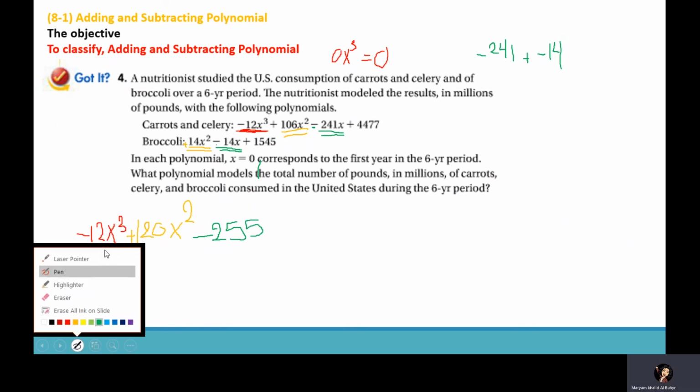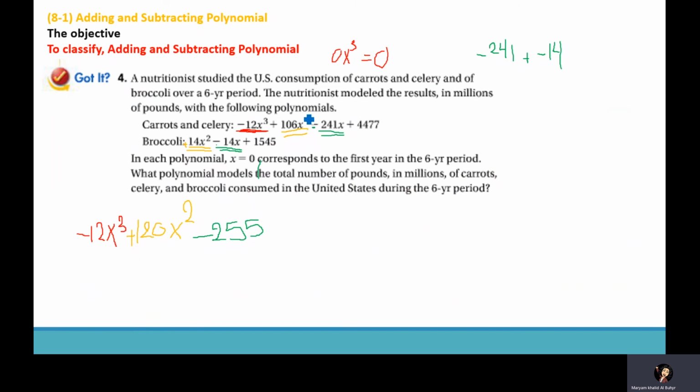Finally, the last term that I have is just a number. So a number, and here is a number. Just add them together and then put your result. So we had 4477 plus 1545, which equals, since both of them are plus, plus 6022.